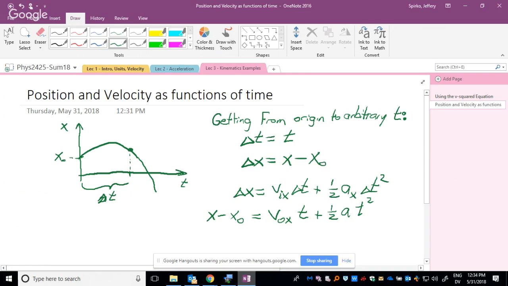And then there's a 1/2 a t squared at the end. Now, if we just solve for x, x is x naught plus v naught t plus 1/2 a t squared. I guess I should have little subscript x's on everything that is directional.